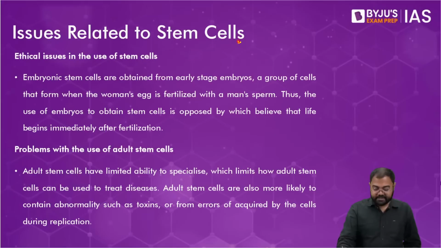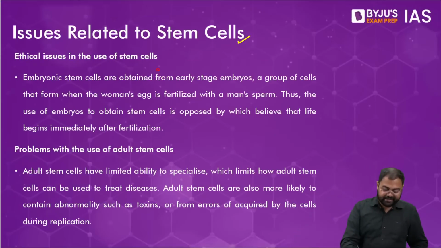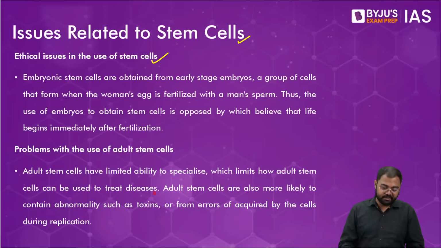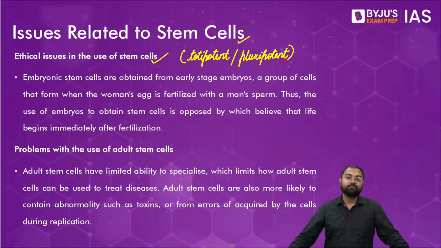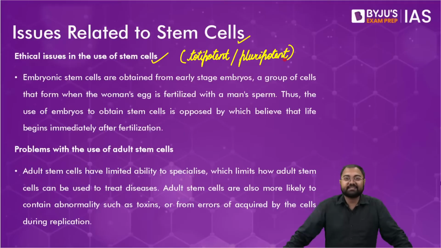Now, one last thing about the issues related to stem cells. For example, there is the ethical issue, and the ethical issue largely is in the use of embryonic stem cells. This basically arises when it comes to the totipotent or the pluripotent cells, because this is where the work is happening on the embryos, and we really don't want to use the embryos because it has ethical concerns.